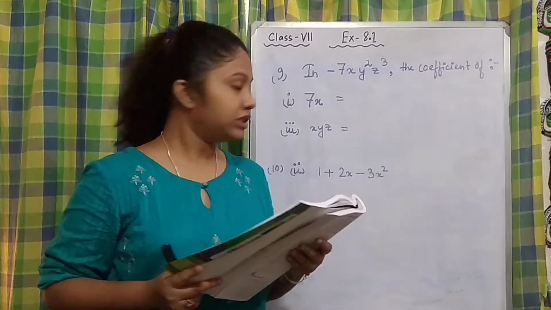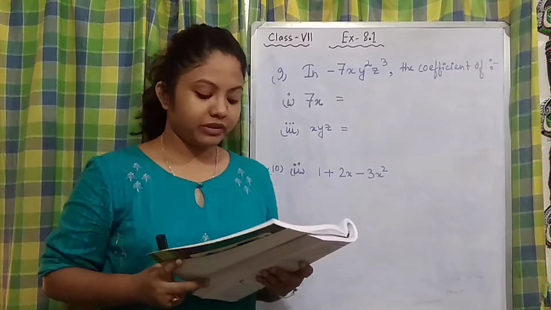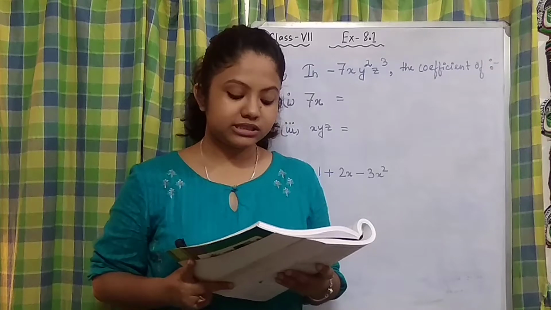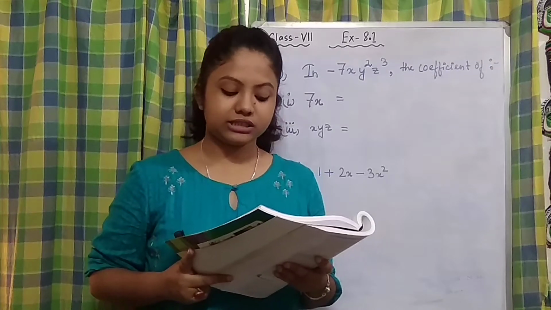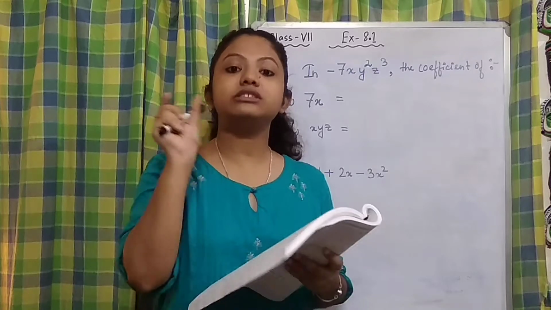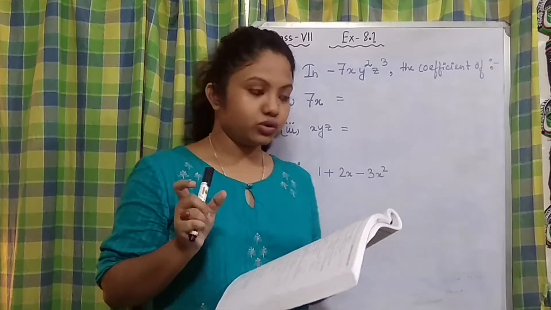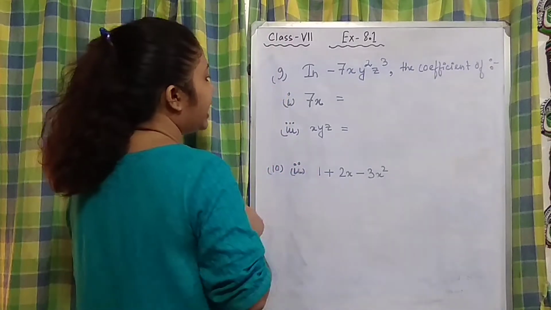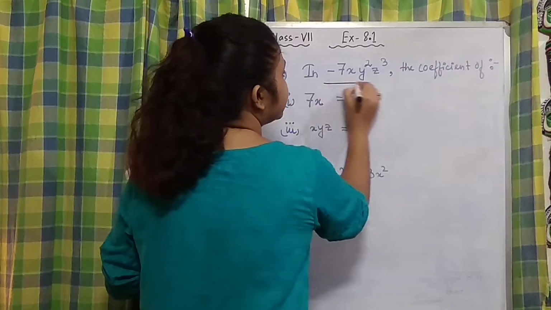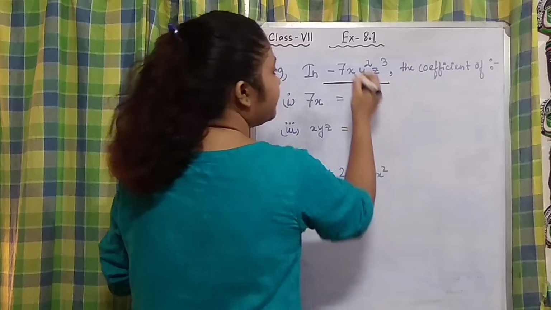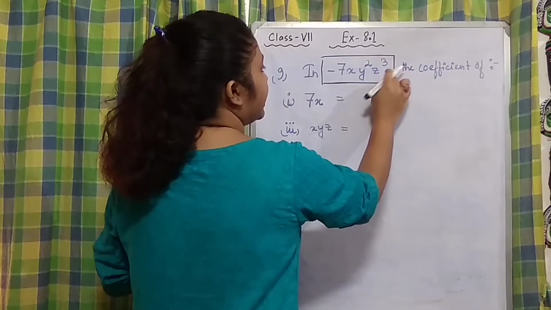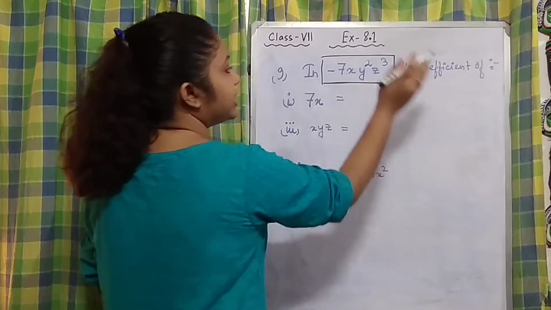Now coming to sum number 9. Look at the question. In minus 7xy square z cube, write down the coefficient of certain terms given. Here I have taken number 1 and 3 as a template. Now this is the term, the initial parent term: minus 7xy square z cube.